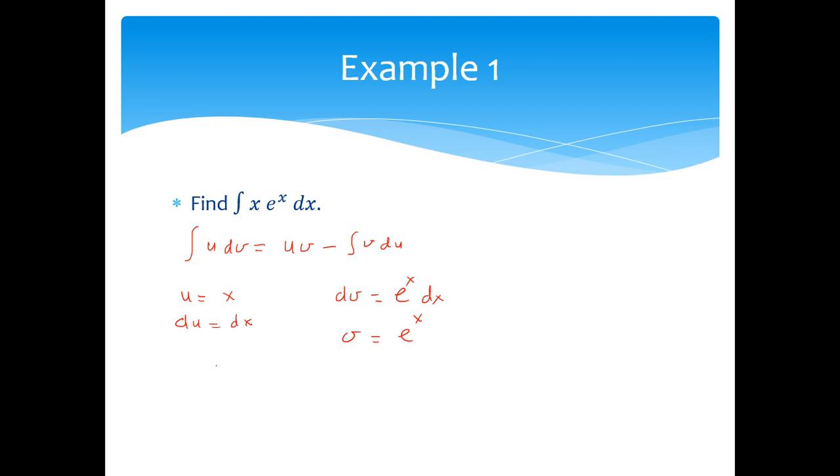So our integral of x e to the x dx equals x e to the x minus the integral of v, which is e to the x dx. That would be equal to x e to the x minus e to the x plus c.